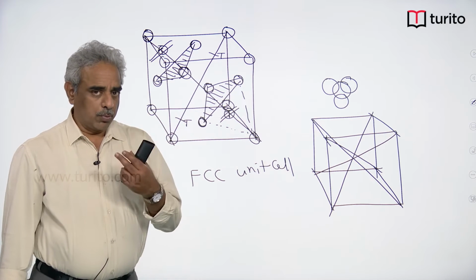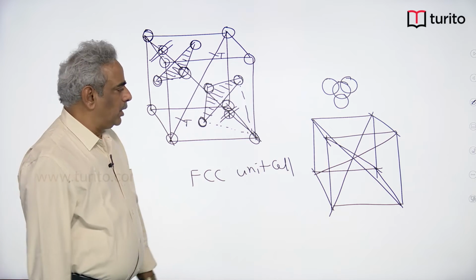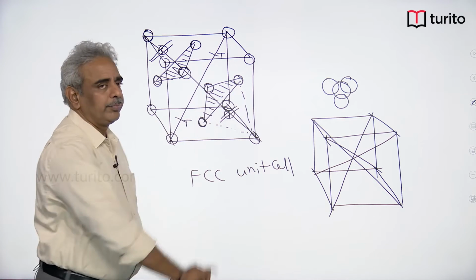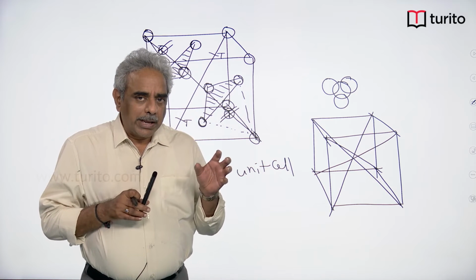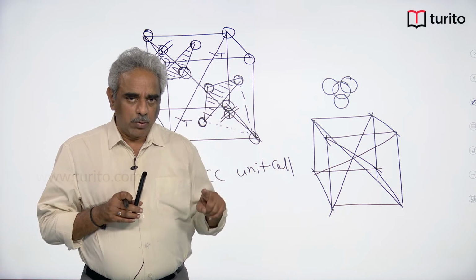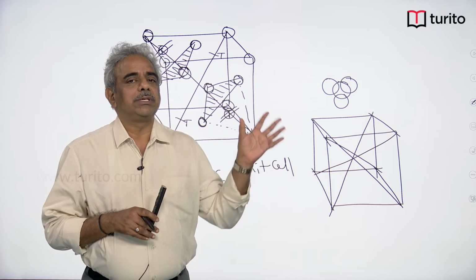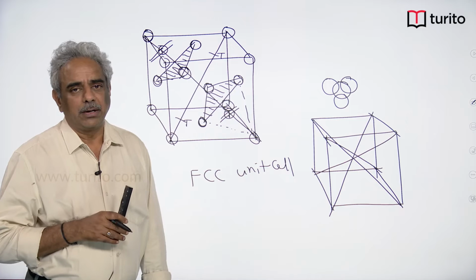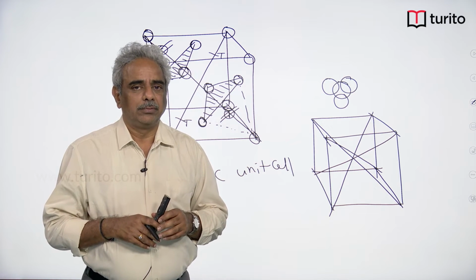There are four body diagonals. On each body diagonal, there will be two tetrahedral voids. So, what is your conclusion? One body diagonal possesses two tetrahedral voids. There are four body diagonals. So, obviously, how many tetrahedral voids will you find? 4 twos are 8 tetrahedral voids we will find.